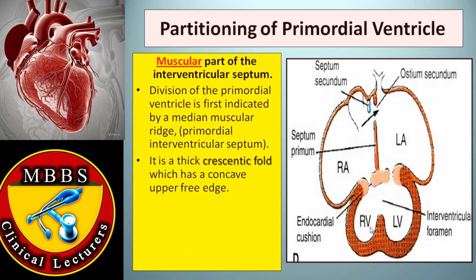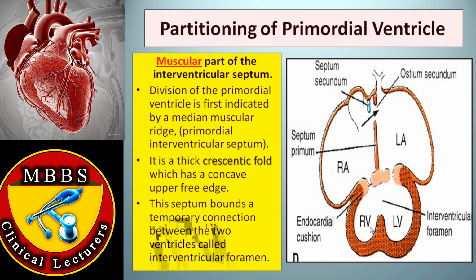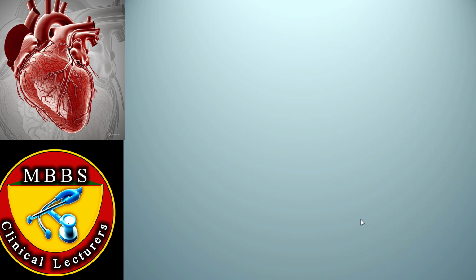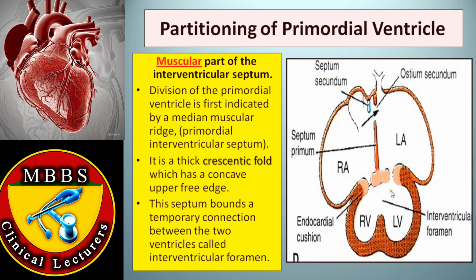This is a thickened crescentic fold, concave, and it moves towards the endocardial cushion and divides that common ventricle into the right and the left, but still the communication between these two ventricles persisted.